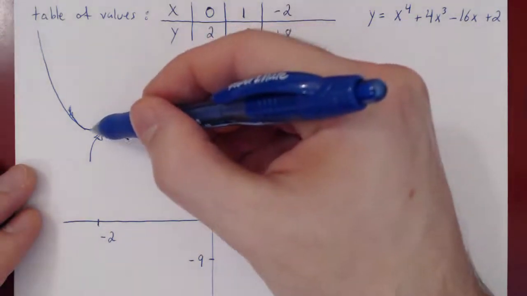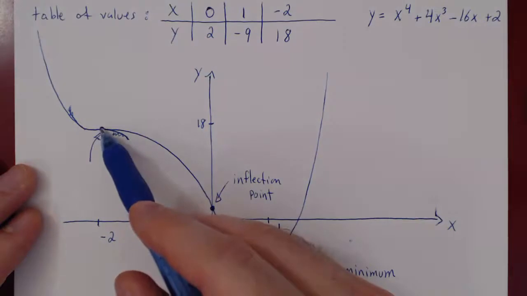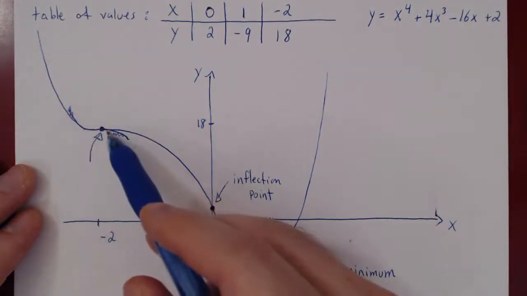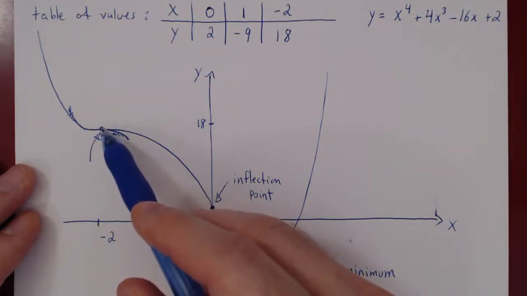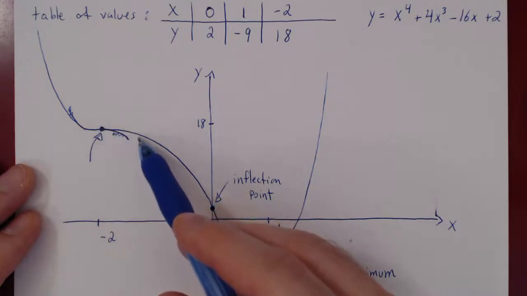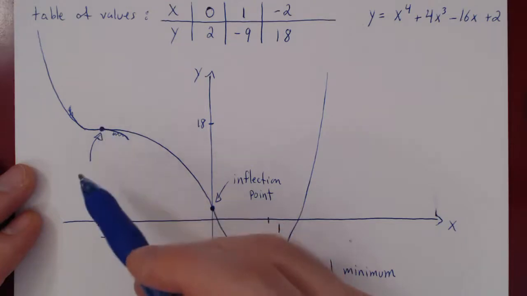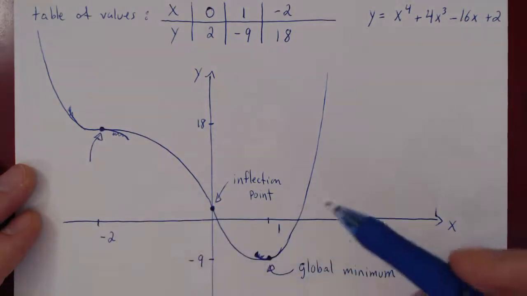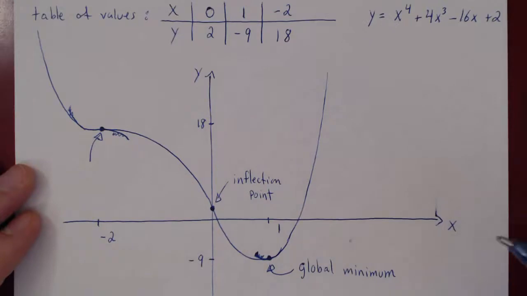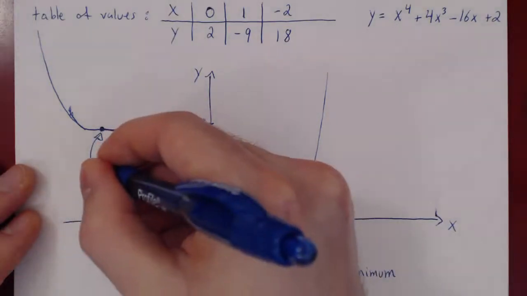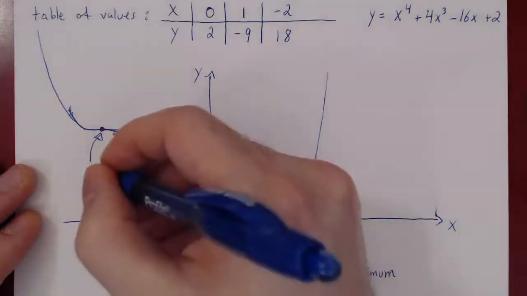Move to the left of the point and you have slightly larger y values. So this point can't be a max. Move to the right and you get slightly smaller y values. This point is neither a minimum. This is not a local max or a local min, but it is worth mentioning it is a critical point because at this point the curve is flat. So this is a critical point, but nothing more.